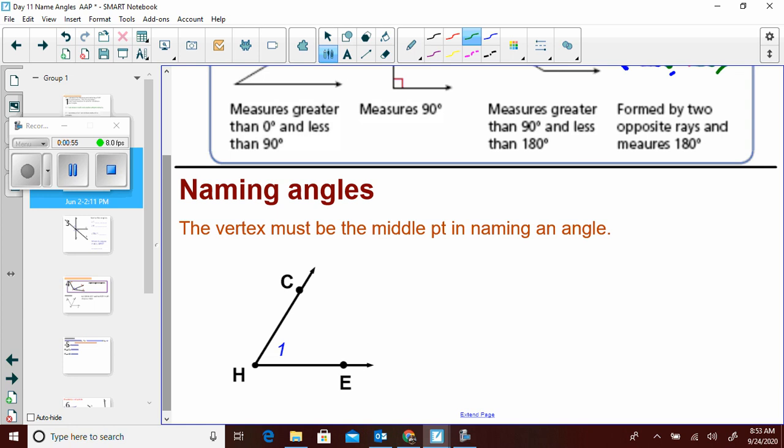Naming angles, very important, all right? To name an angle, the vertex has to be in the middle. So this can be angle CHE or angle EHC, okay? You can also call this angle 1.